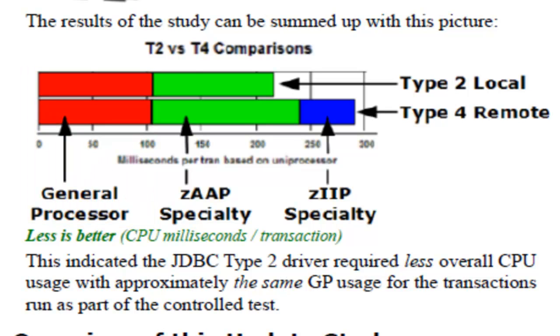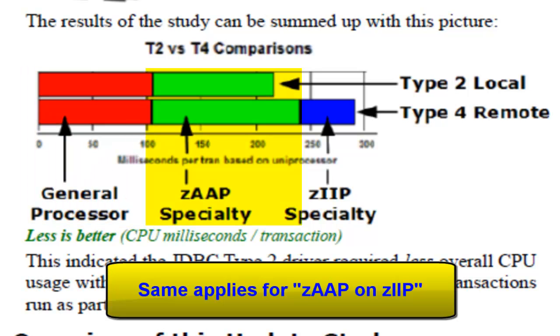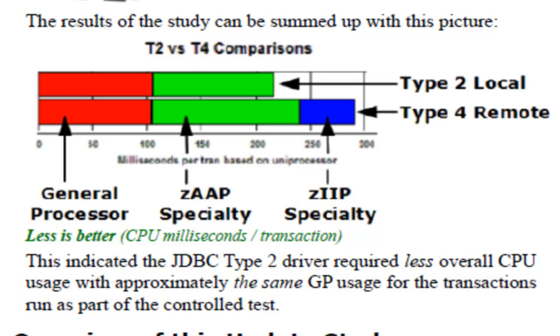The green bar is the zAAP specialty engine, and the blue bar is for the zIIP specialty engine when using type 4. Type 4 is, of course, coming across DDF, and that's where the zIIP usage is coming from. So if you add up the green bar plus the blue bar, you see that the total specialty engine usage with type 4 is actually more than the specialty engine usage for type 2, and the GP usage is essentially the same.